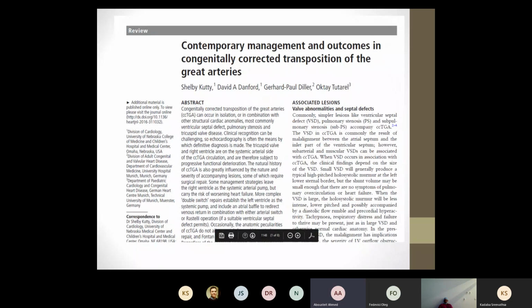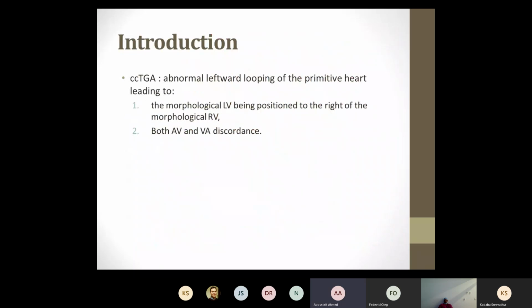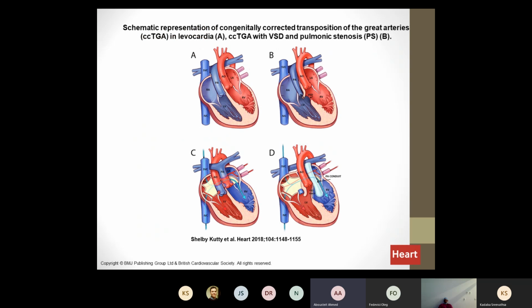The next one is the scheme of the presentation of congenitally corrected transposition of the great arteries. We can see on the first one the normal heart, and then on both the lower ones, B is the congenitally corrected TGA, and C and D are the surgically corrected part.